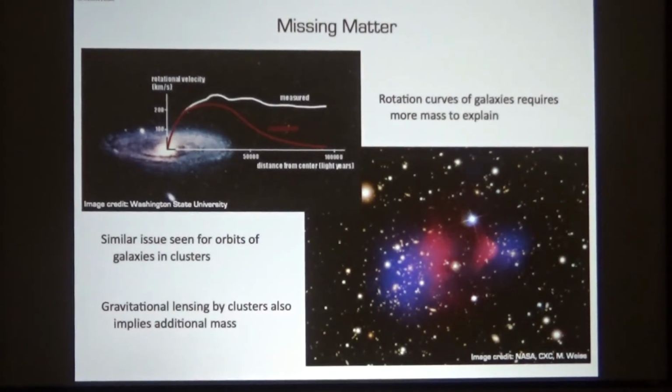If you use that to work out what the distribution of mass should be, you find that it doesn't fit with where the gas is. It does sort of overlap with where the bulk of the galaxies are, but the gas in the cluster can be off quite significantly, and that can't be explained without something like dark matter.